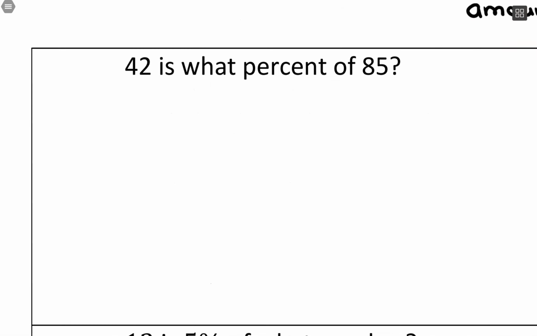So 42, so here's a key number, is, so I'm going to think of my equal sign there, what percent, so my unknown is going to be the rate of this problem, of 85. Remember, of is the multiplication, and then our other key number is 85.